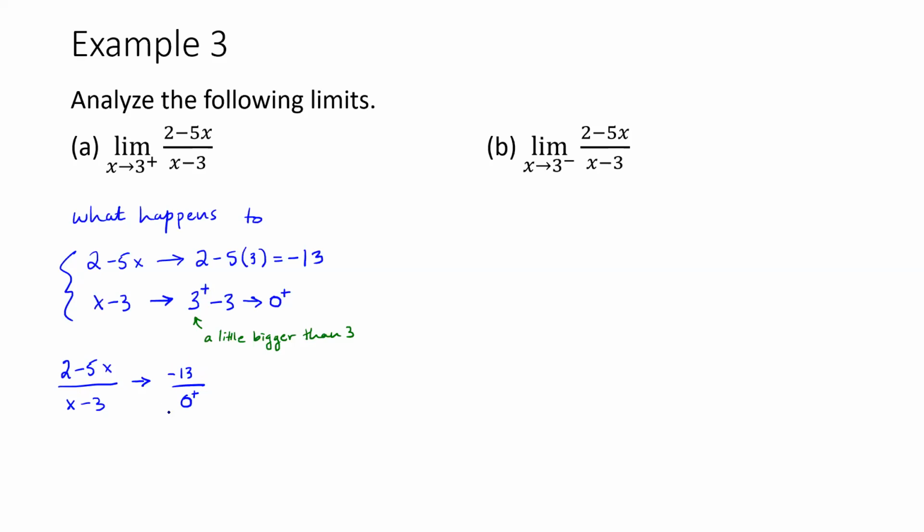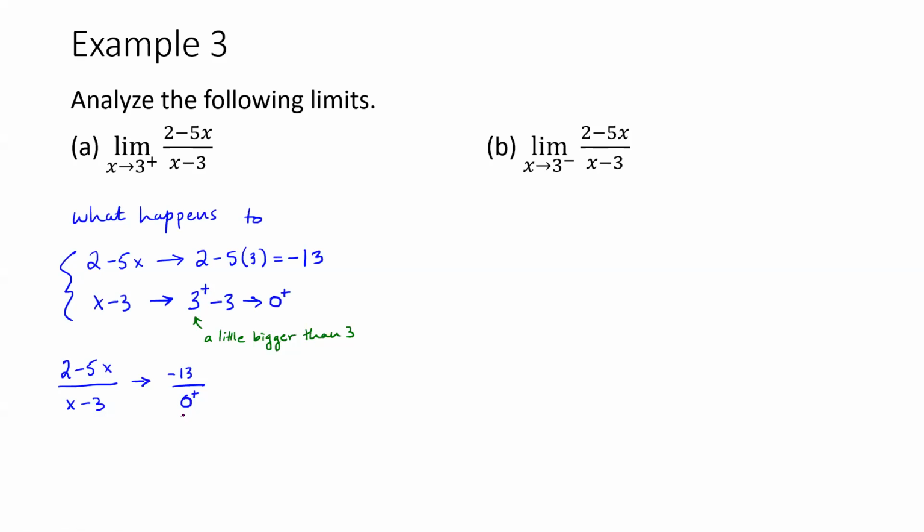So would you guys say this is approaching positive infinity or negative infinity? Negative. Yeah, good. It's approaching negative infinity because you got a negative 13 on the top, and then something that gets closer and closer to 0 from the positive side. So you got a negative number divided by a positive number.